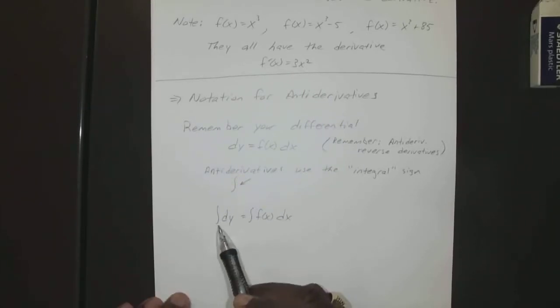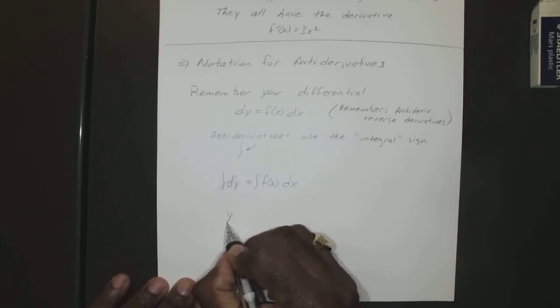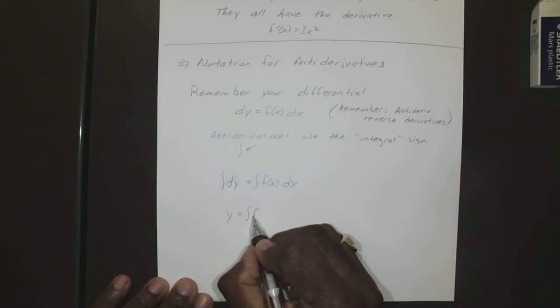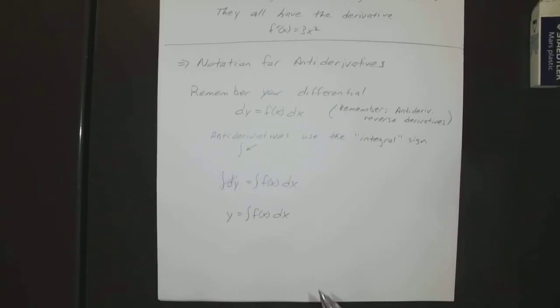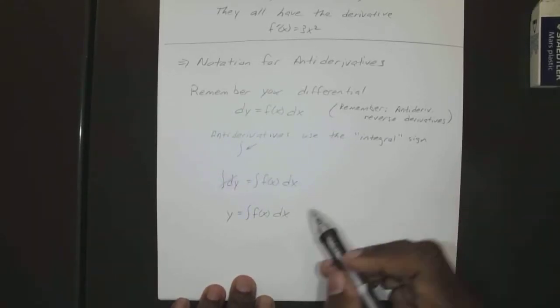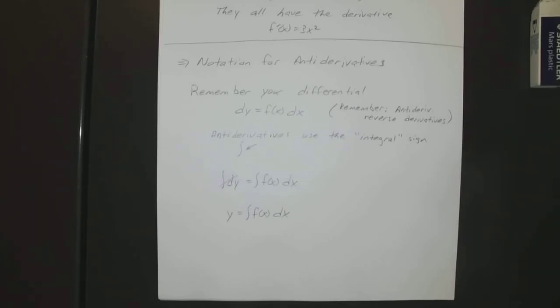Okay, so we know the integral and differential cancel each other out. So that's y equals the integral of f of x dx plus c. Not really, I guess you don't need the plus c there because we didn't integrate yet. So it cancels out the d. Not the y, just the derivative or differential in this case.